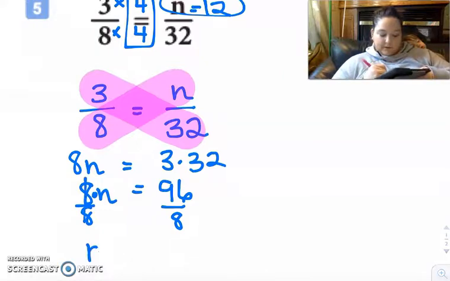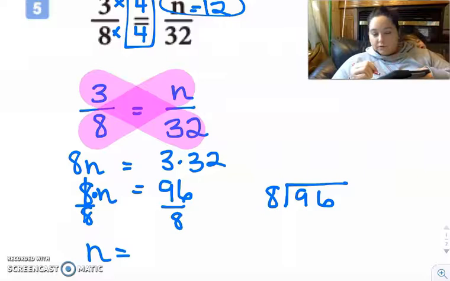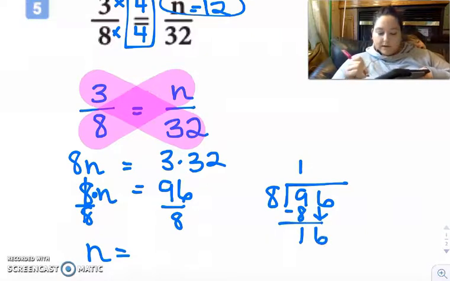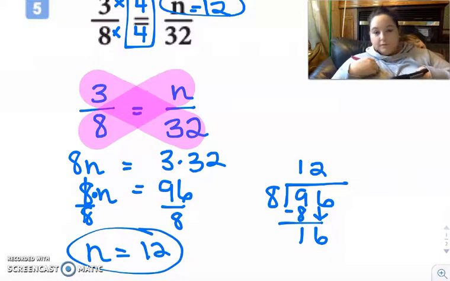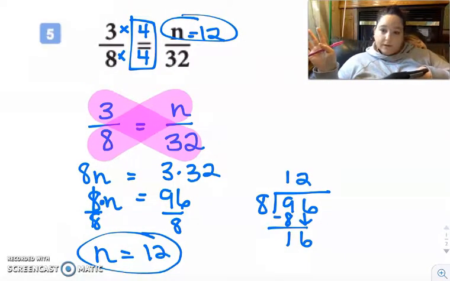There we're just left with 1n equals, and you could pull up the calculator for this, but I don't want to. 8 goes into 9 tenths, goes in 1 time. There's 1 left over. I can bring down my 6. 8 goes into 16 2 times. So we still ended up with 12. So either method works. You decide what you like best.